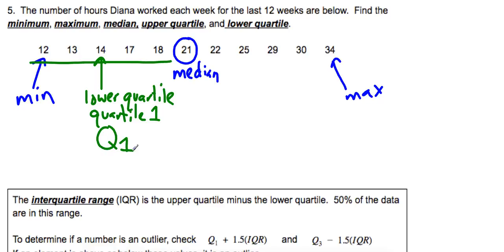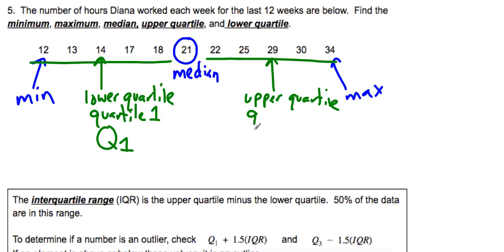Then we do the same thing to find the upper quartile. We ignore the median, look at all the numbers above it, and find the median of that set. So it's 29. This is the upper quartile. We also refer to this as quartile 3, and our shortcut for that is Q3.